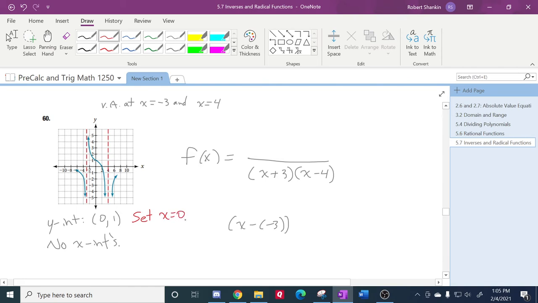If you set x equal to 0, you would get f of 0, you'd get 3 and negative 4 like this. Now that's going to multiply to be negative 12. We want to get 1 here, so I'm betting there's negative 12 times it up in the top so that this reduces to 1.